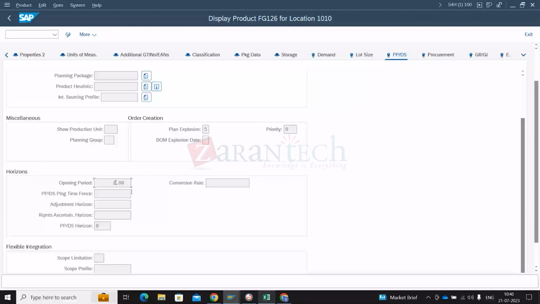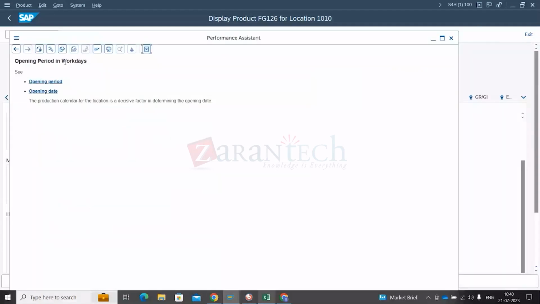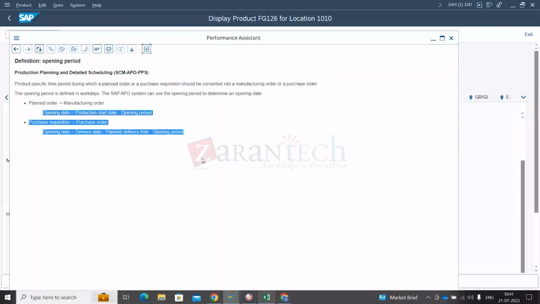If you press F1 for the opening period, they have given a formula for the calculation. It's such a beautiful formula, I cannot restrain myself from explaining it. Consider a case of a plan order: the plan order start date minus the opening period is the opening date for it. You got this?